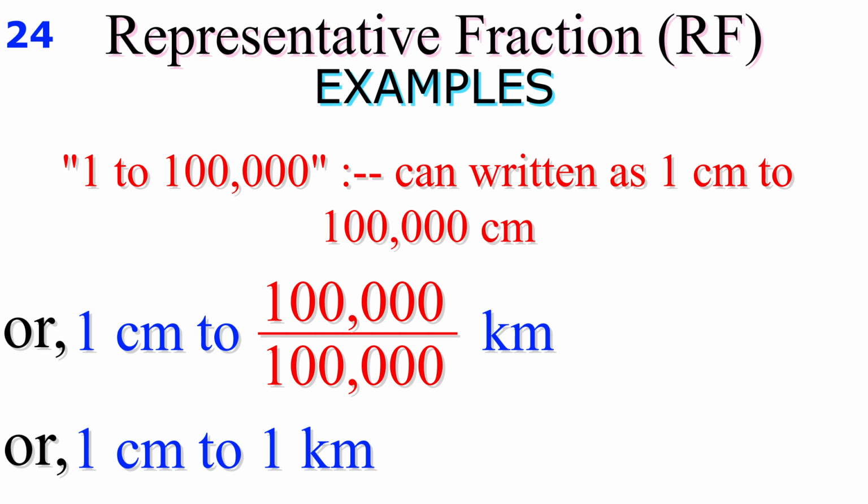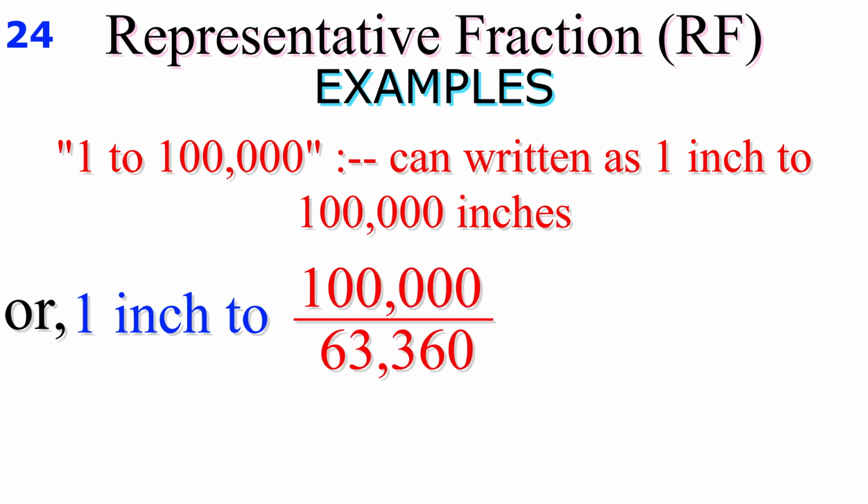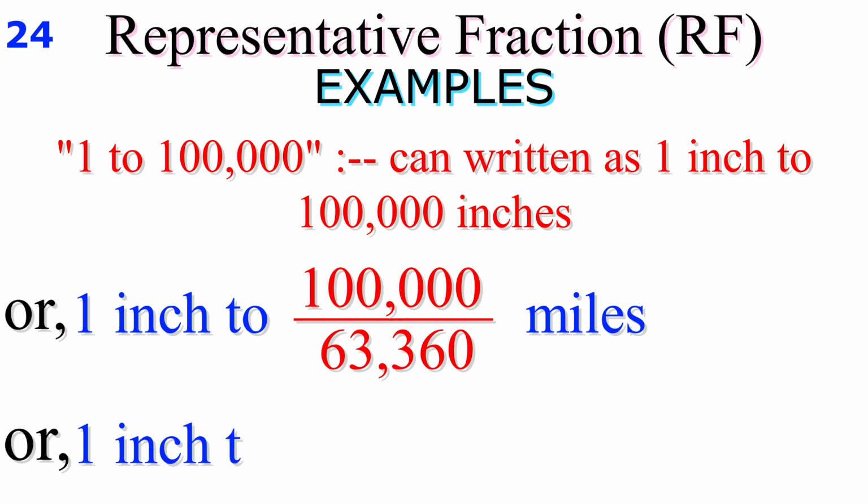Another example, a scale of 1 to 100,000 can be written as 1 inch to 100,000 inches, or 1 inch to 100,000 by 63,360 miles, or 1 inch to 1.58 miles.